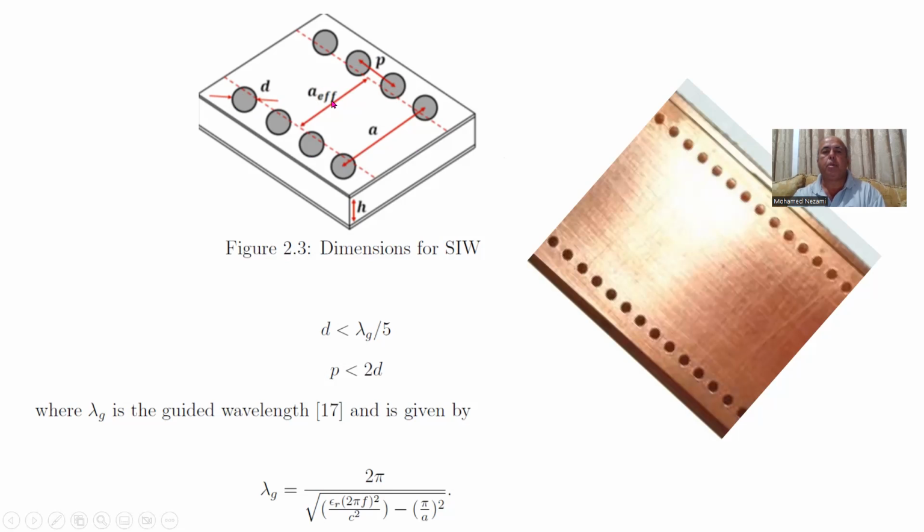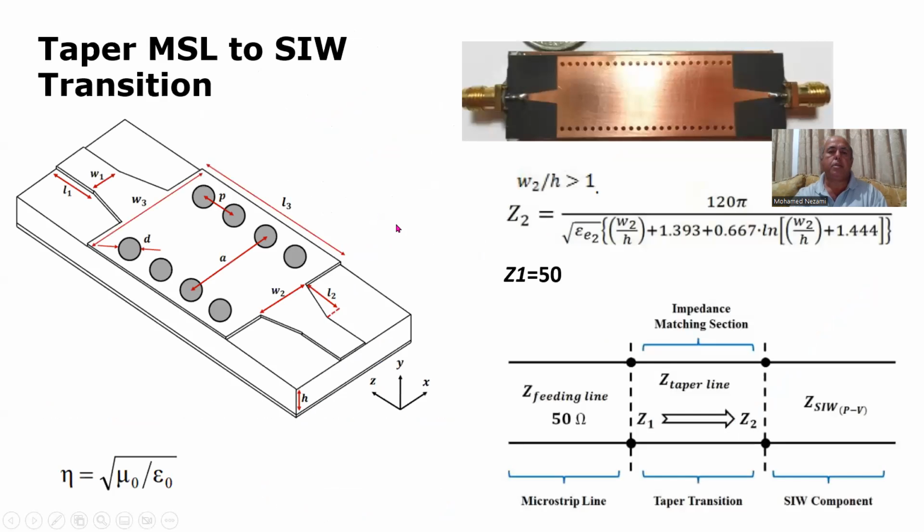Those, along with what we call the effective A, which is similar to the case with microstrip lines, where the width becomes an effective width to account for the fringing capacitance, are what we would use to make the SIW exactly a waveguide in the TE10 mode. And there are some formulas, constraints for design. The wavelength is given here, so these are pretty simple equations to build one of these transmission lines or waveguides.